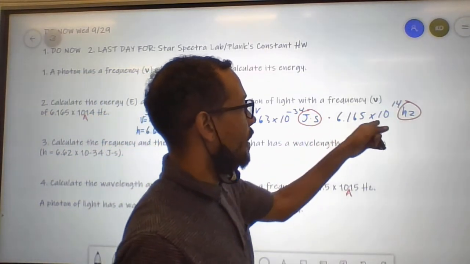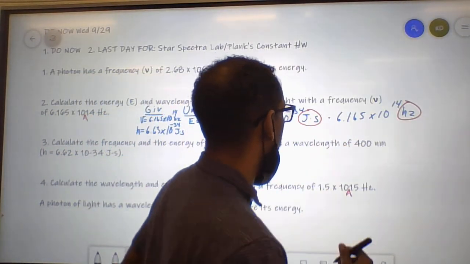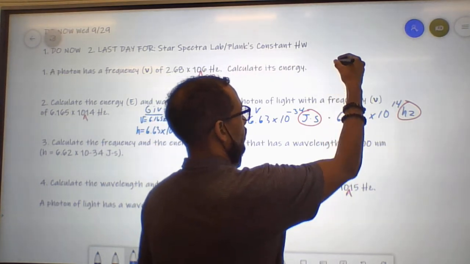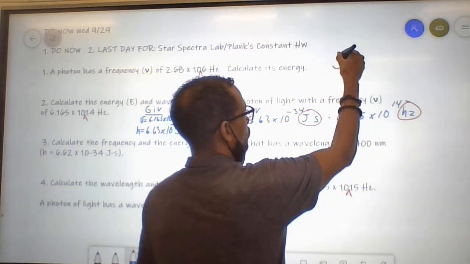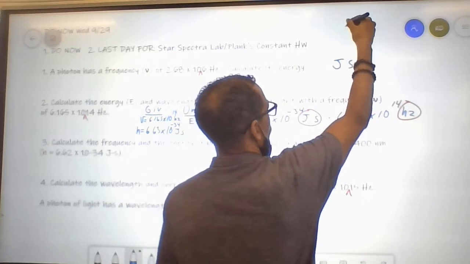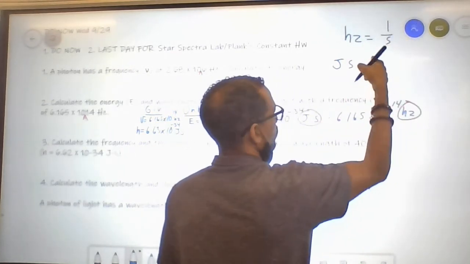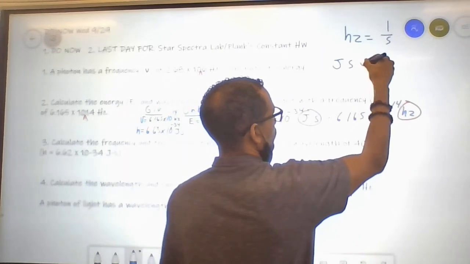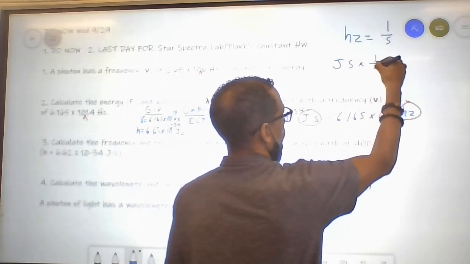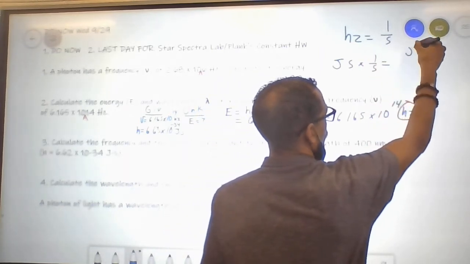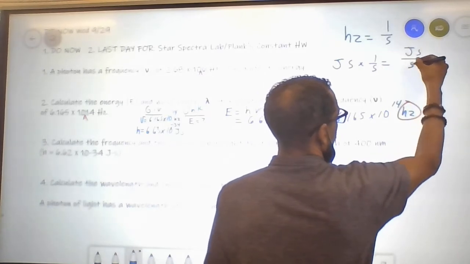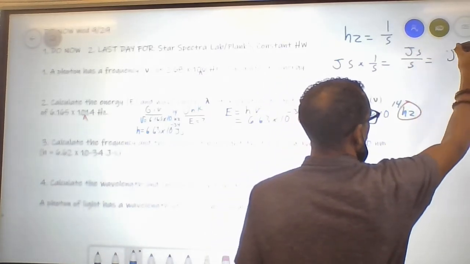If the units are not correct, then I know I'm probably not going to get the correct answer. So this will be joules times second. Now I know hertz is equal to 1 over second, so I can replace that. Then we get joules second over second, and that's just equal to joules.